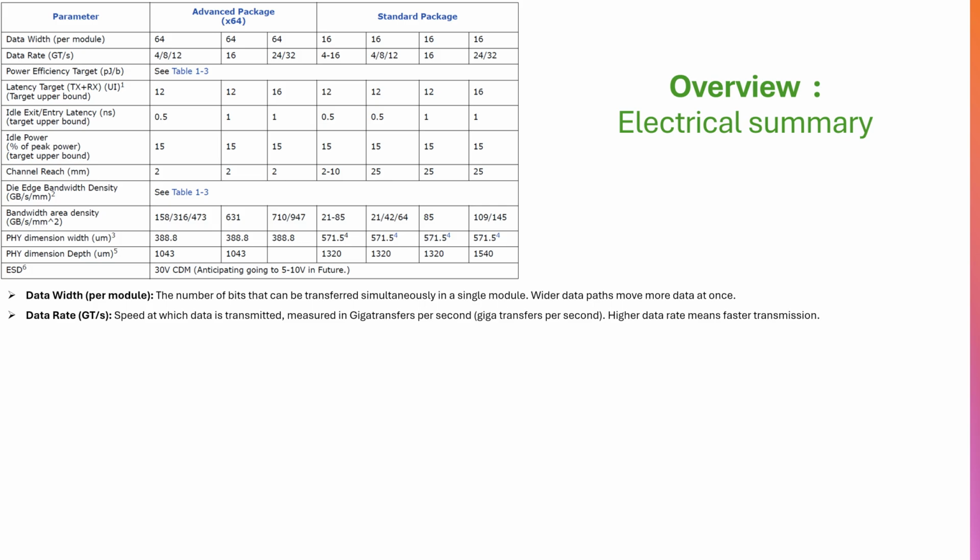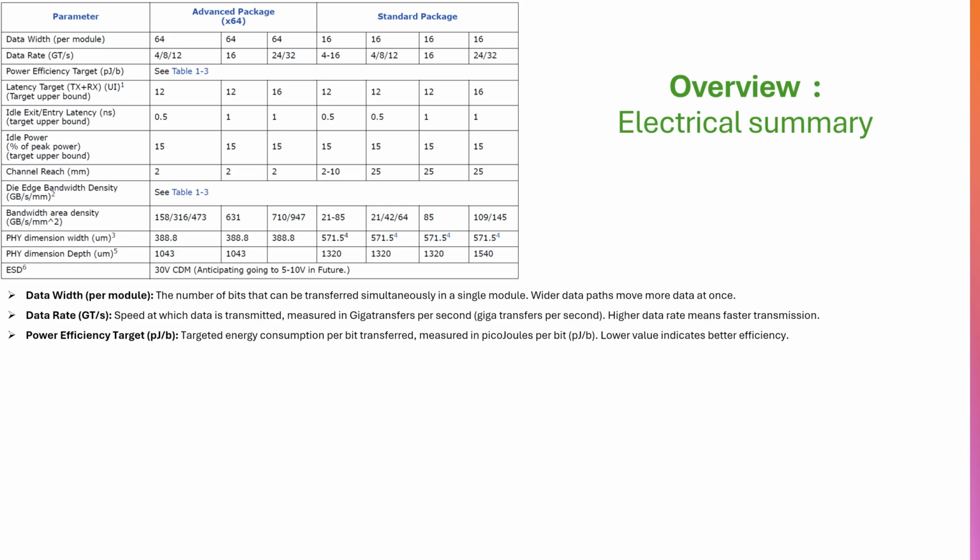And what about data rate then? Giga transfers per second is the speed at which data is transmitted. Higher data rate means faster transmission naturally. The third one is power efficiency, in picojoules per bit. It's the targeted energy consumption per bit transferred.